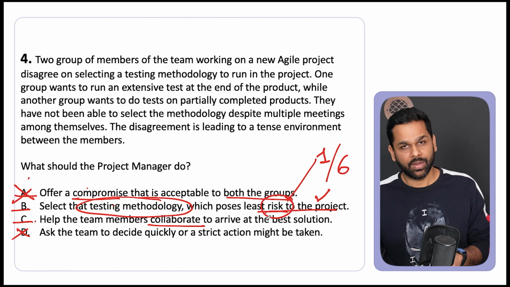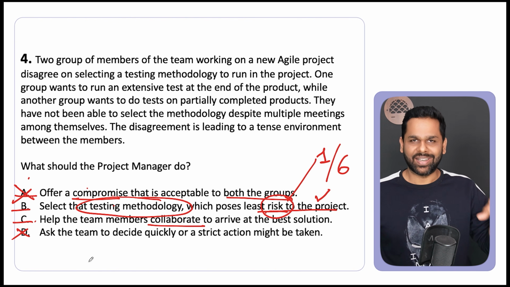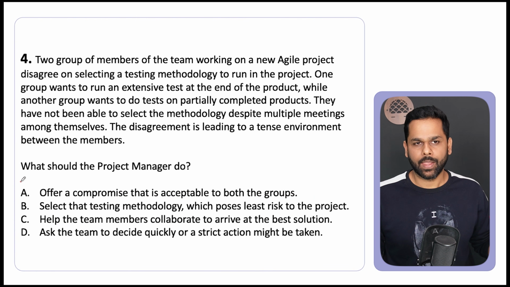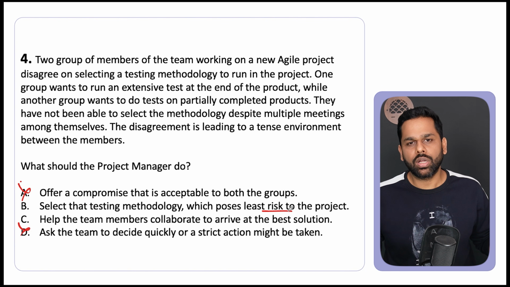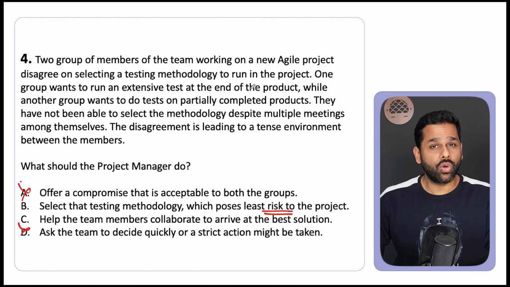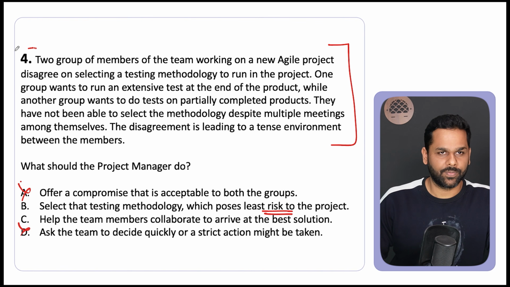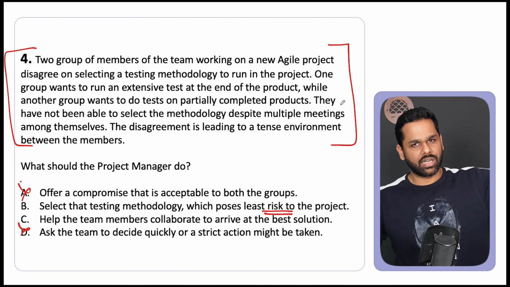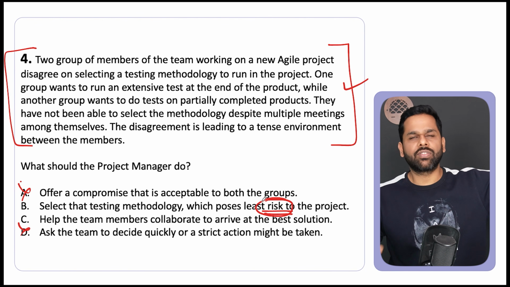No. So the tip here is that whenever you see an option that is talking about just one constraint, and that constraint alone is not discussed in the question, that is very, very important. They are not discussing that constraint alone. They are talking about a very general thing, and you are talking about a very specific thing here.